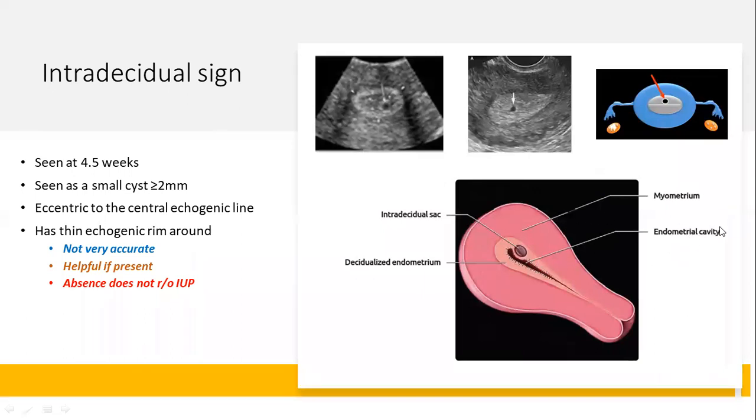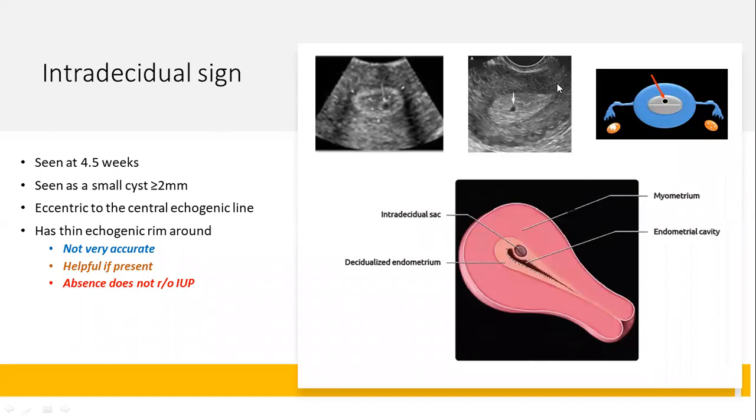Mostly it's eccentric to the central echogenic line, as the implantation only happens on one side of the endometrium, either the anterior or the posterior endometrium. The central echogenic line is where the endometrial cavity collapses. And it has a thin echogenic rim around it, which is the trophoblastic tissue.